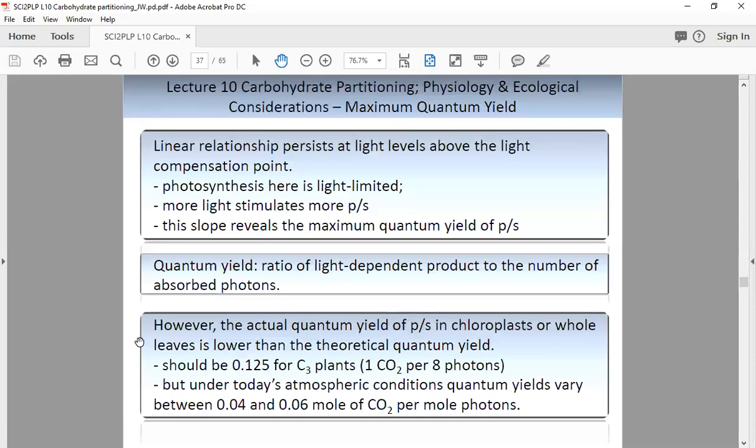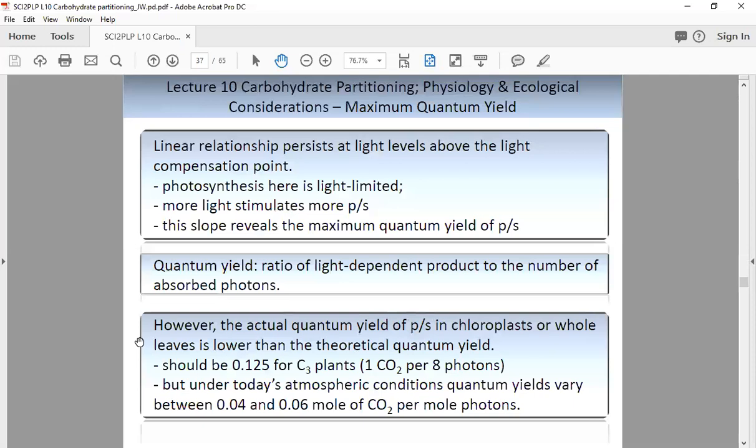So quantum yield should be about 0.125 for C3 plants, where one carbon dioxide molecule is fixed for every 8 photons of light that are absorbed.